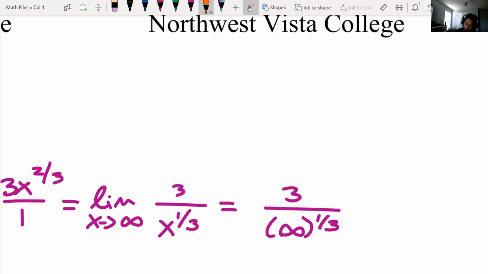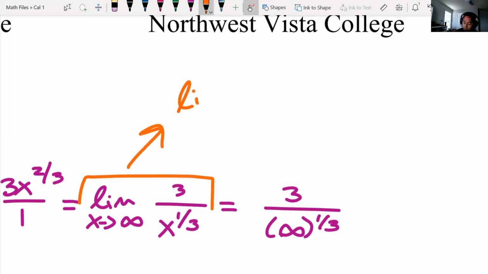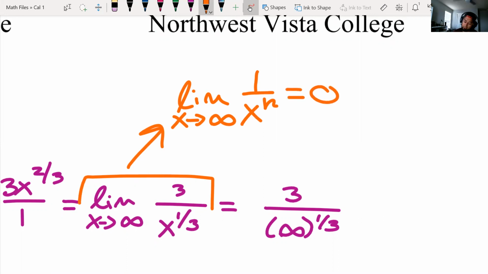But remember that this limit looks like the power limit we've seen before. The limit as x approaches infinity of 1 over x to any power of n will always equal what number? 0. Good.